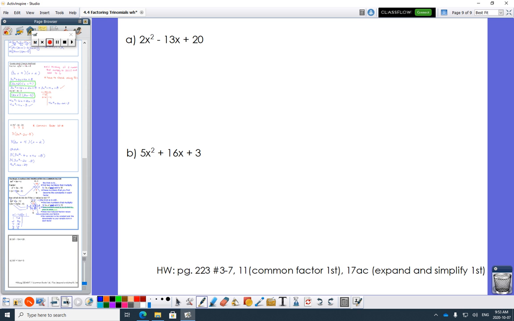Okay, so let's do this one. So we're gonna do two numbers that multiply to 40 and add to 13.